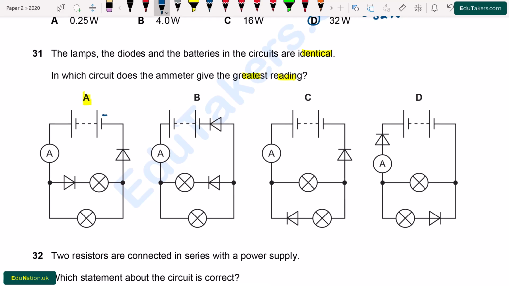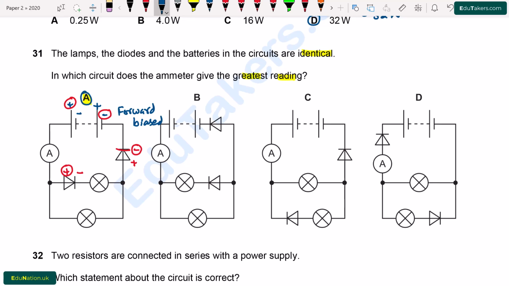This is negative and this is positive, again negative and positive. For the diode, this is negative while the arrow is positive. So this is positive and negative. We can see that this negative is attached with the negative and this positive is attached with the positive. So this circuit is forward biased. There is maximum current passing through this circuit. So option A is correct here.